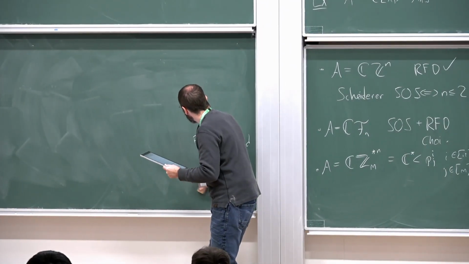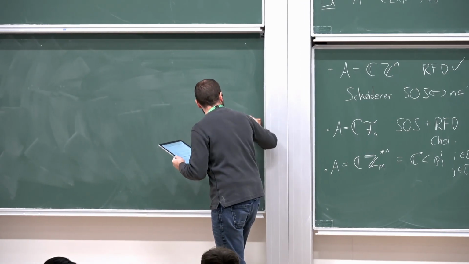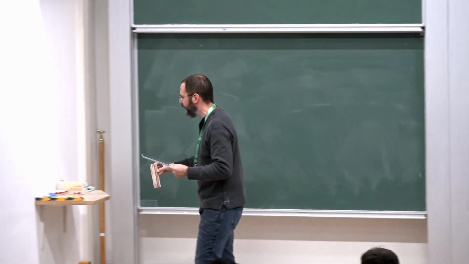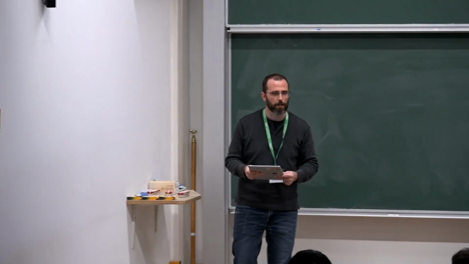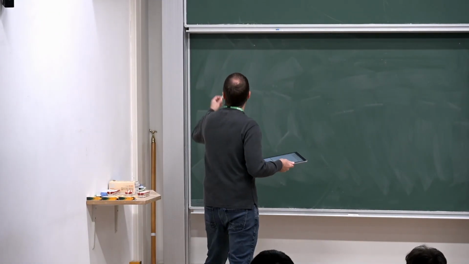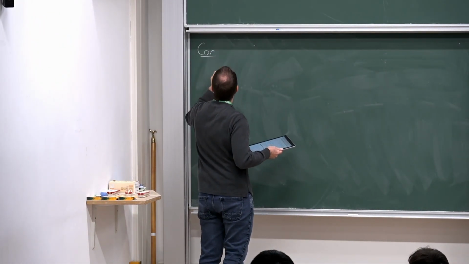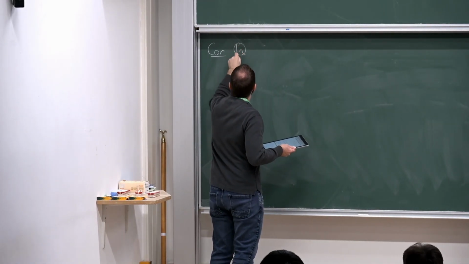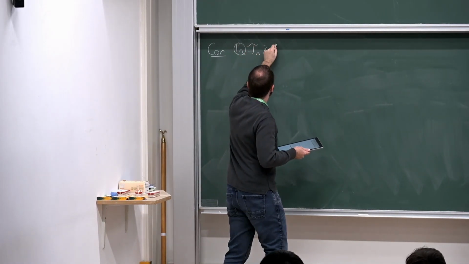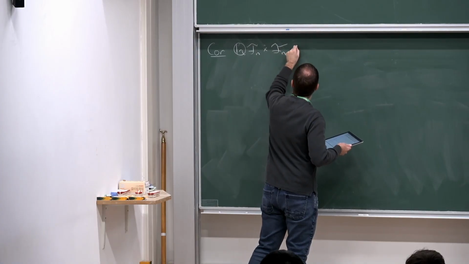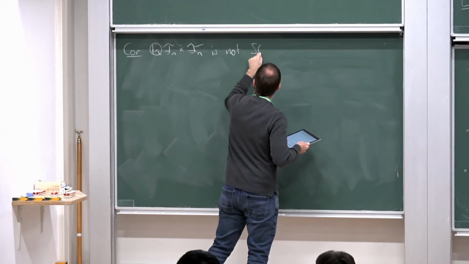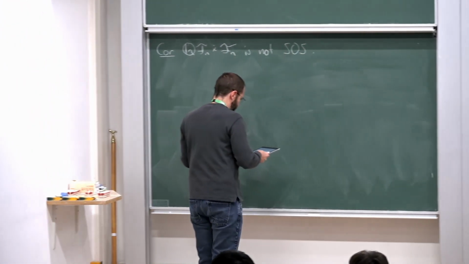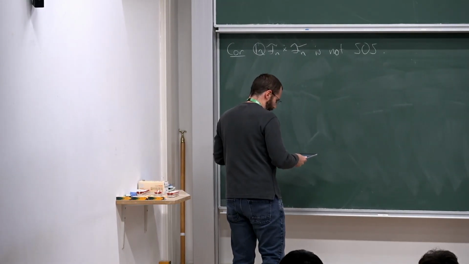As soon as we combine products with our prototypical non-commutative algebras, we can't decide positivity anymore. And also, we can see that it also implies the algebra is not SOS. Why is that?